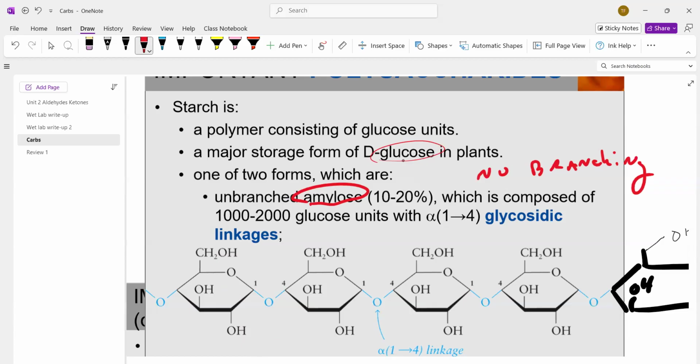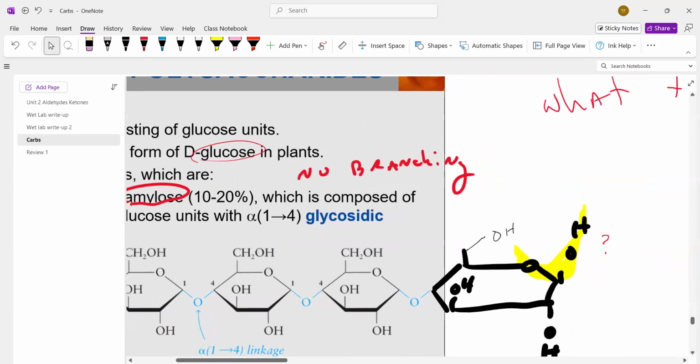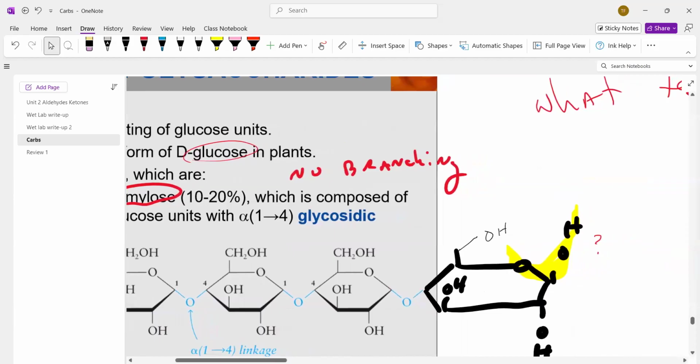Now, on polysaccharides, there's always an end unit, a terminal monomer. In this case, everything is glucose, so this is what the terminal monomer looks like. That is a hemiacetal. We have O-C-O, anomeric carbon, O-C-O.